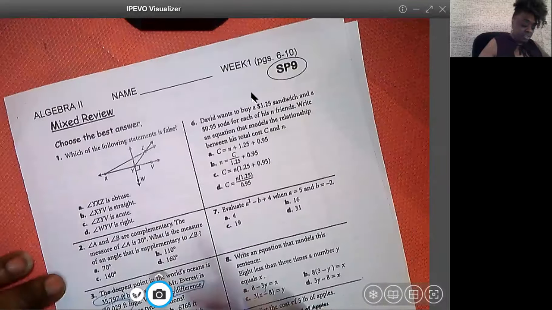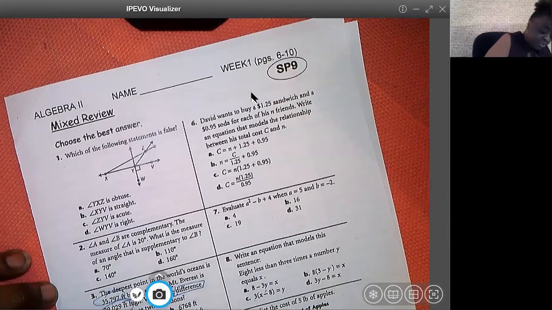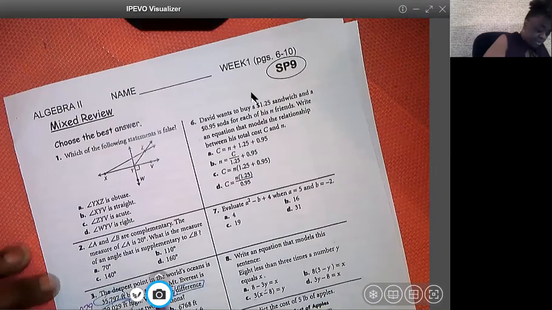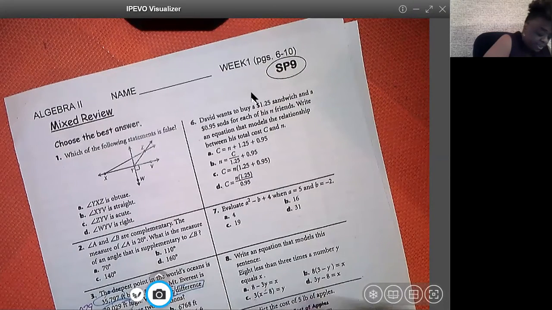So 35,797 is below sea level, so we know that's going to be a negative. And the 29,029 is above sea level, so we would need to subtract those two to find out what that total number would be.